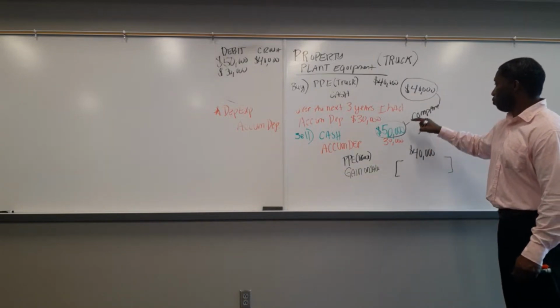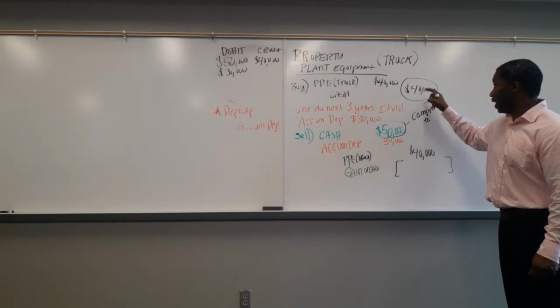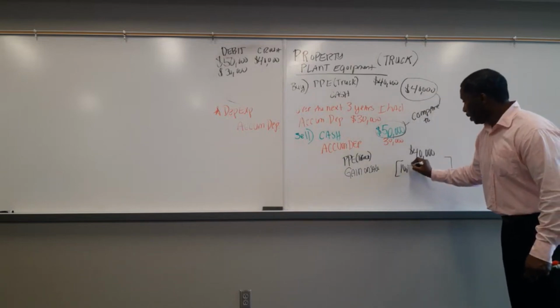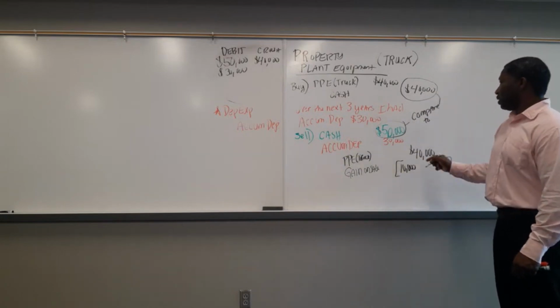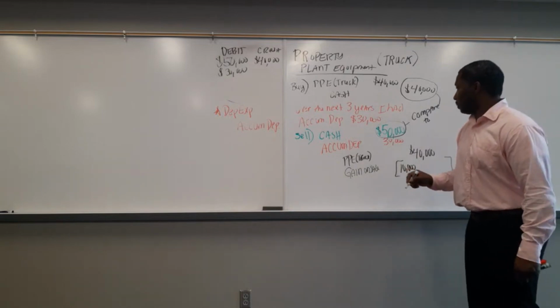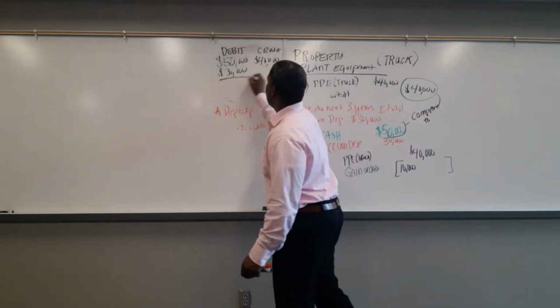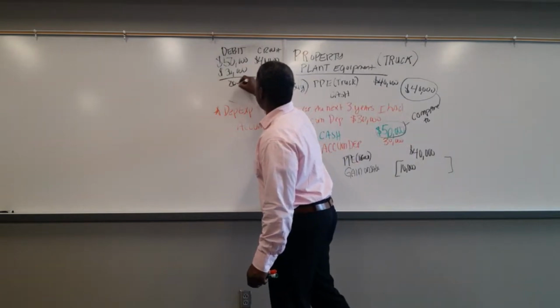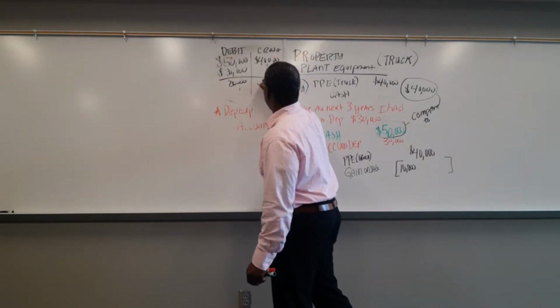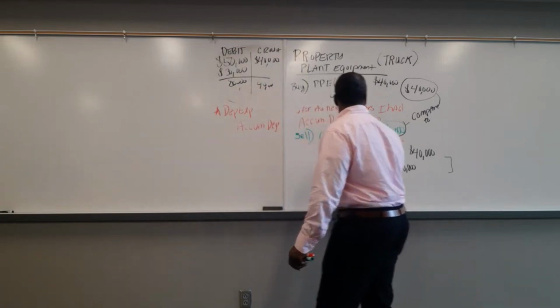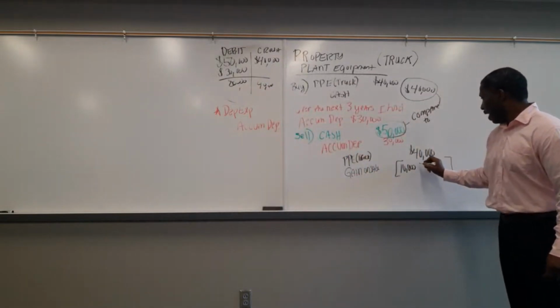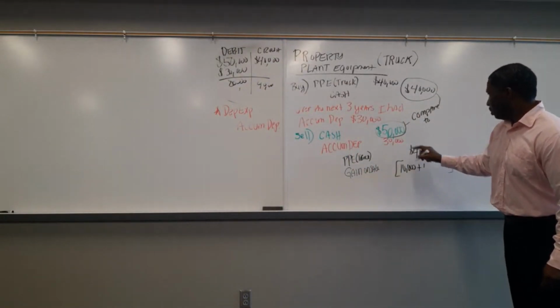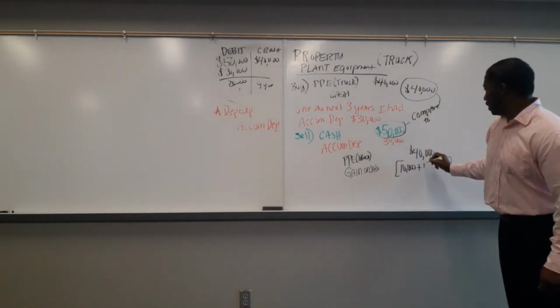The gain on sale, we know that $10,000 came from the actual sale itself, okay? And the difference would be what? If this is $80,000 worth of debits and this is $40,000 worth of credits, then my gain would have to be $40,000, okay?